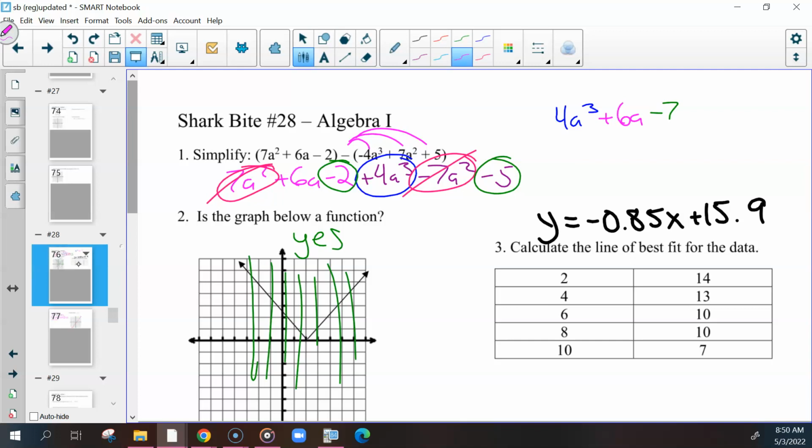Do we have any Delta Math or Khan Academy questions that we had trouble with, wanted to go over before we start our notes for today?